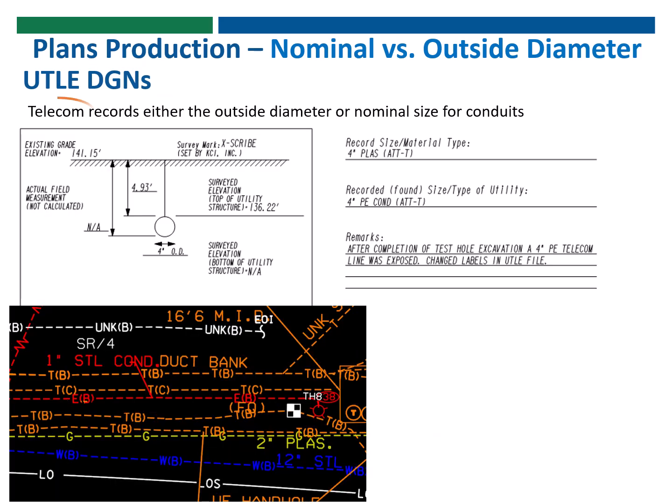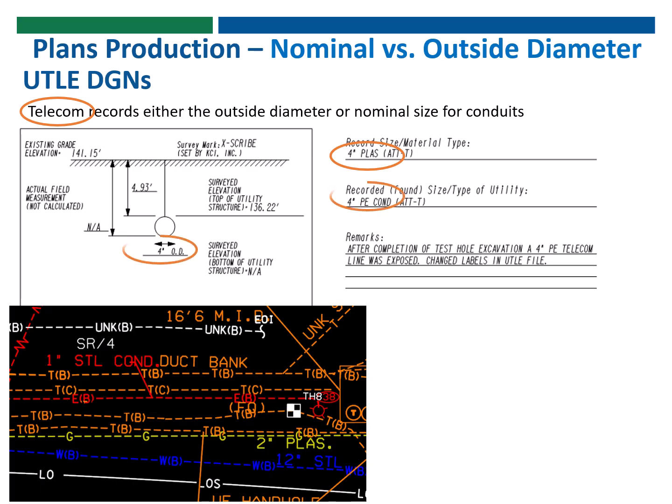Okay, so what about telecom? Telecom is a mixed bag. Sometimes they show the outside diameter, sometimes they show the nominal size for their conduit. So in this example, they were looking for a 4-inch plastic conduit, and what did they find?